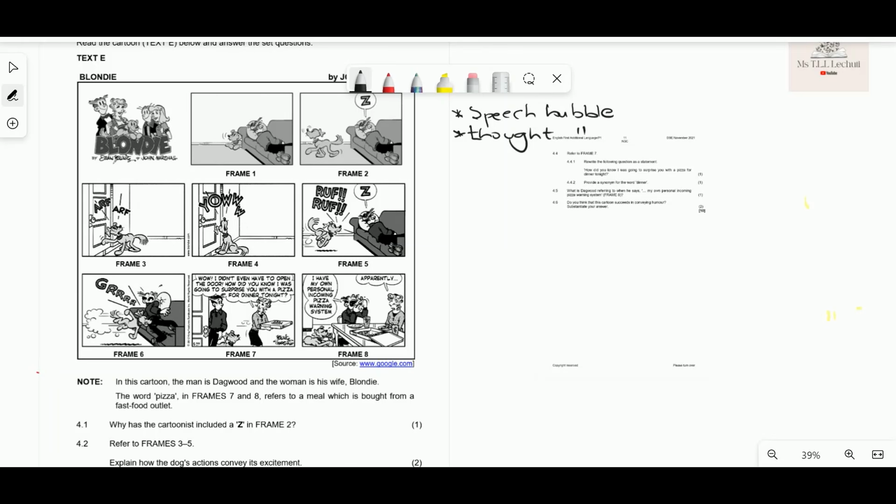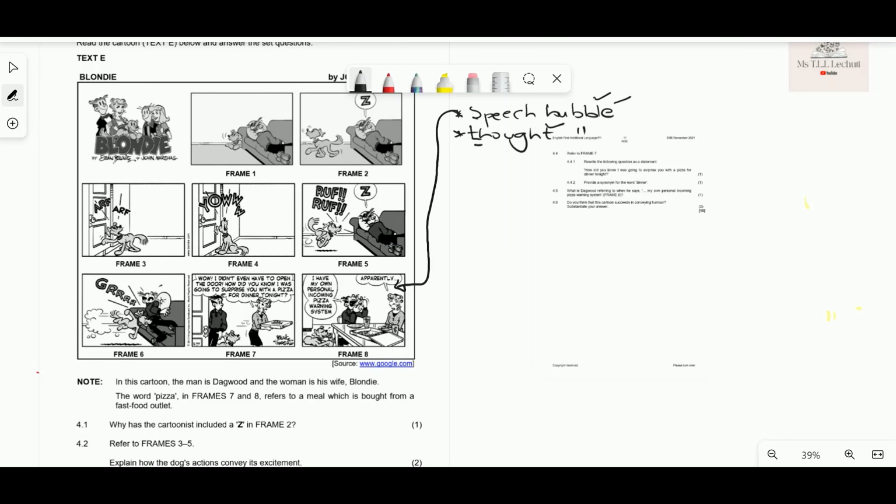A speech bubble means these are the direct words of the speaker himself or herself. Like here we've got a speech bubble to indicate that Blondie is speaking. And a thought bubble will indicate with circles, not a pointy tail, circles, to indicate that the character here is not necessarily talking but thinking out loud. So you should be in a position to differentiate between a speech bubble and a thought bubble.